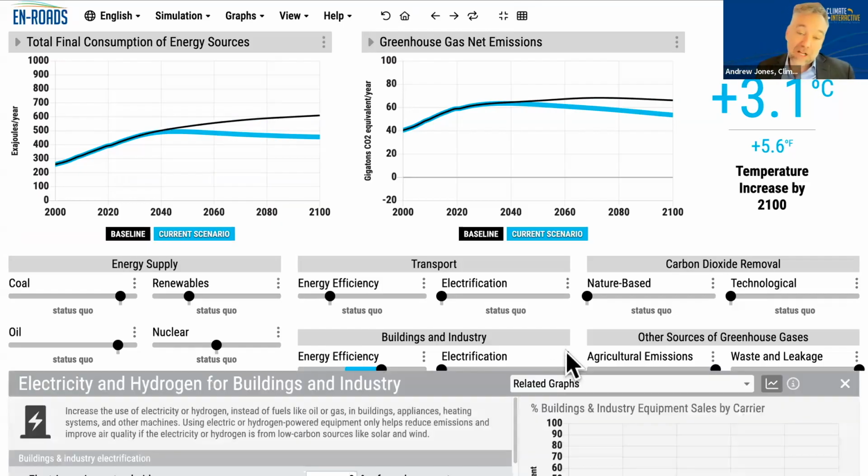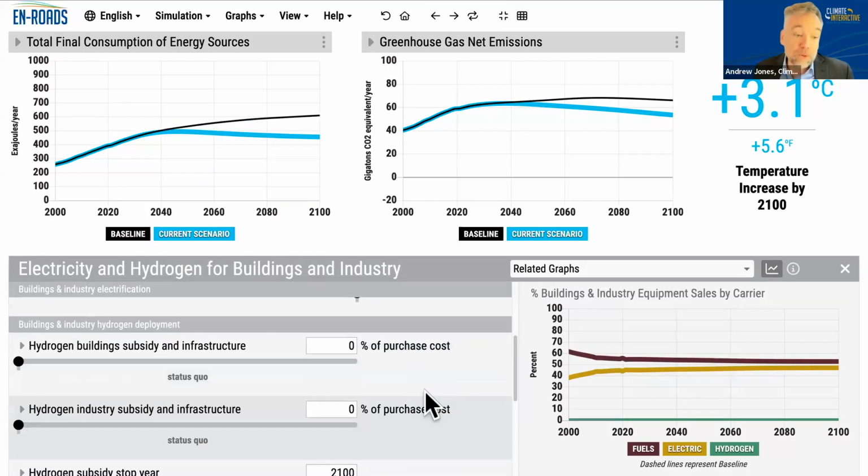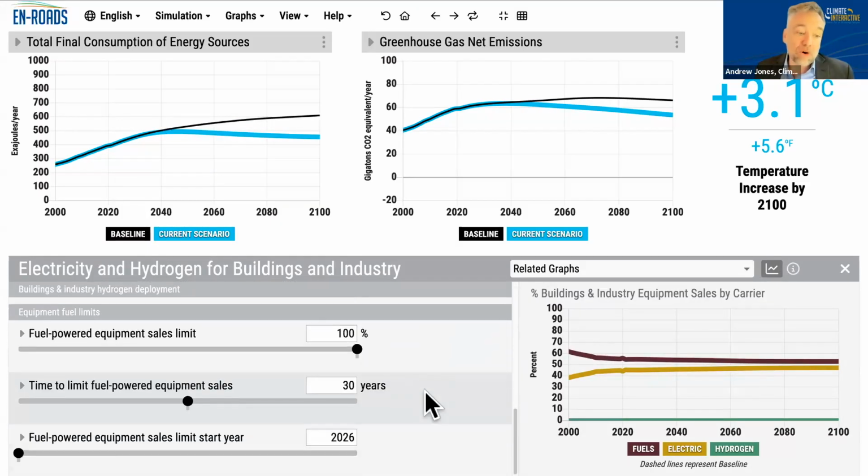Electrification can really help as well with use of heat pumps, et cetera. The most powerful way to do it is not just to make the heat pumps more efficient, but also to limit use of fuel-based energy, like natural gas.